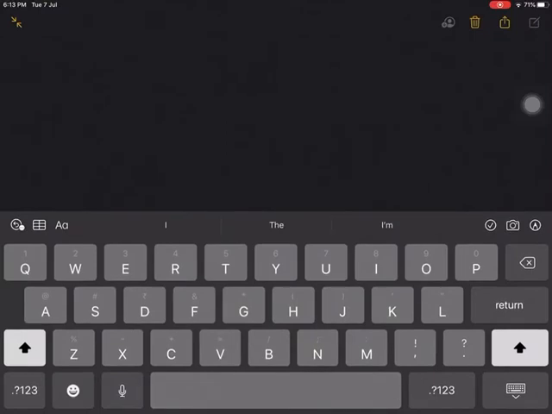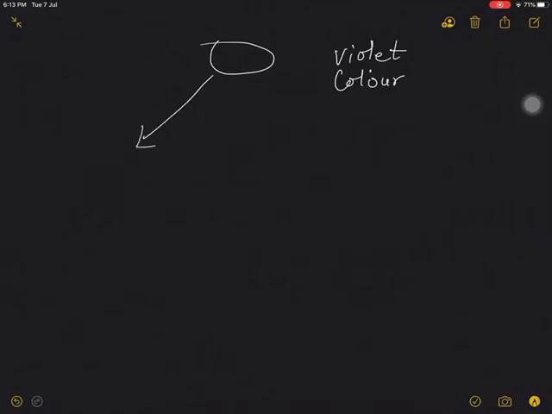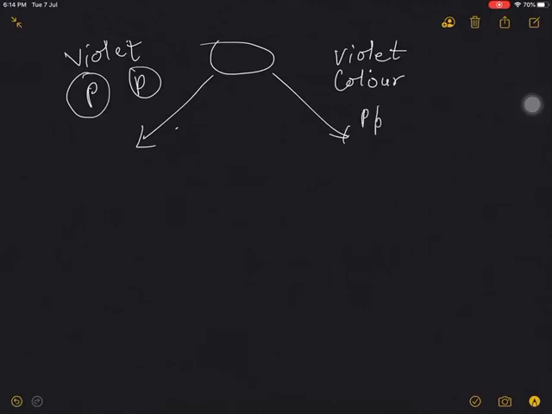This is very simple, that when we make cross of F1 generation plant, violet color flower. So there is two possibility of the violet color. Maybe this is the pure form, that is the genetic constituent is capital P for the violet color. Maybe there is one capital P and a small p.